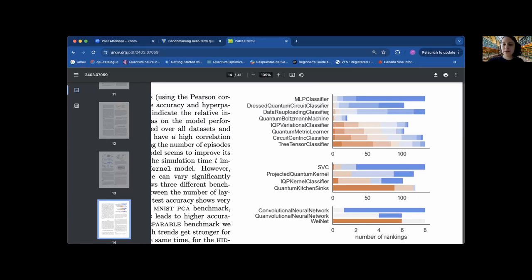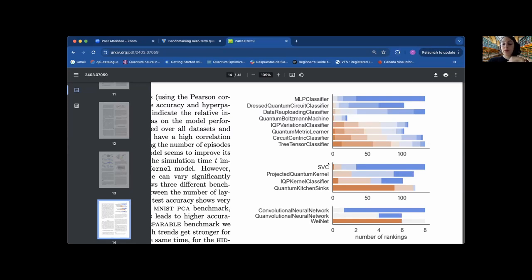So you have classifiers, you have kernels, you have neural networks. And according to different tests, different metrics, they're ranked on whether they were the best or the worst. So blue is best, and orange is worse. And what you see in general is that the classical ones tend to perform the best with the different kinds of tests.